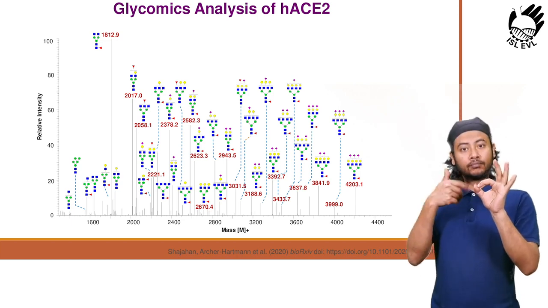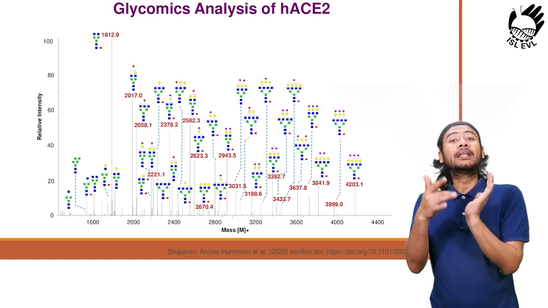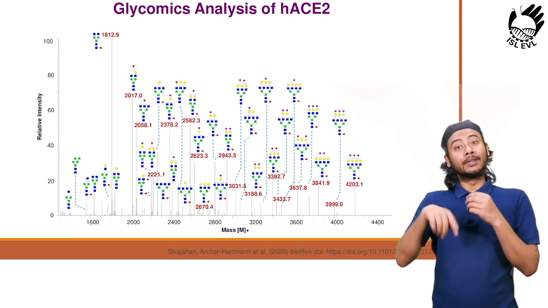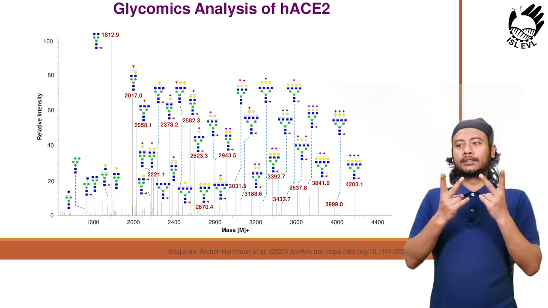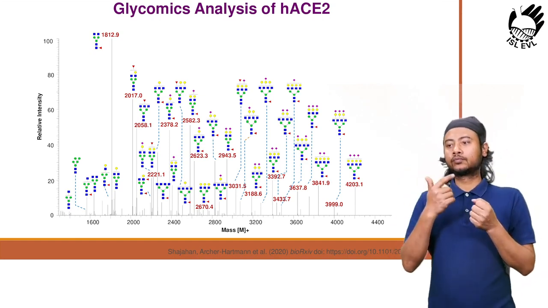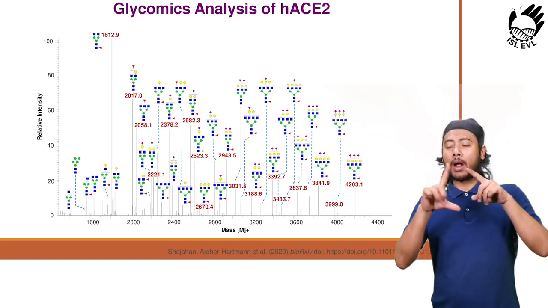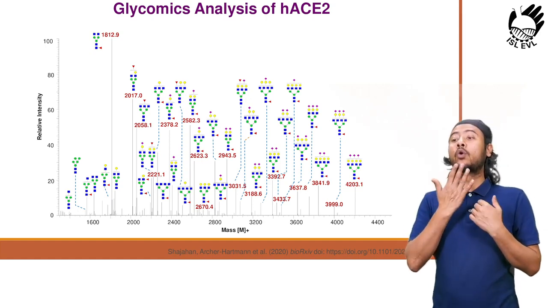These are the glycans released from human angiotensin converting enzyme. They are characterized in detail by permethylation, as I mentioned earlier, and subsequent mass spectrometry analysis, such as matrix assisted laser desorption ionization, or MALDI-MS.